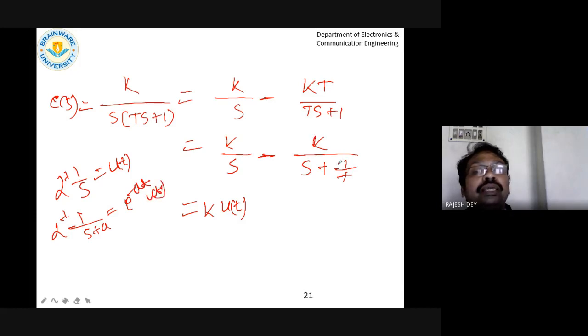Now here a is 1 by t, so minus k into e to the power minus t by capital T into ut.